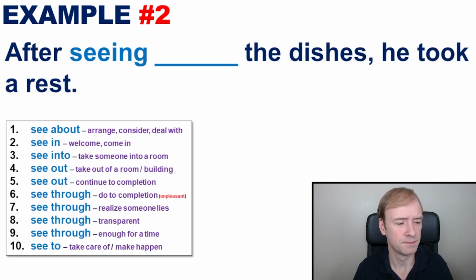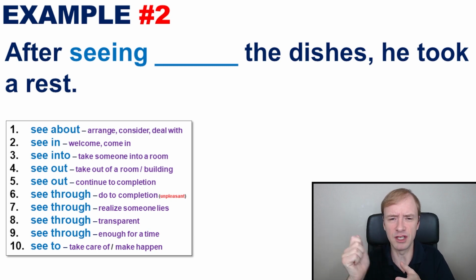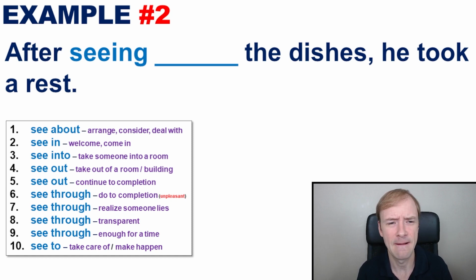Number 2. After seeing the dishes, he took a rest. The dishes, so maybe he's washing the dishes. After seeing the dishes, he took a rest. Which number is that going to be? Well, dishes is a task. It's a job.